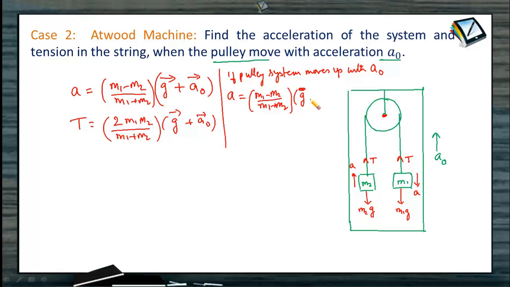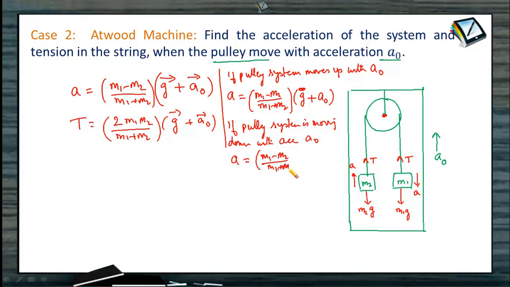Now I will write it in terms of magnitude. Since it is moving up, it is G plus A0. And if the pulley system is moving down with acceleration A0, then the acceleration of each body will be M1 minus M2 by M1 plus M2 into G minus A0. Similarly, we can also write the tensions.